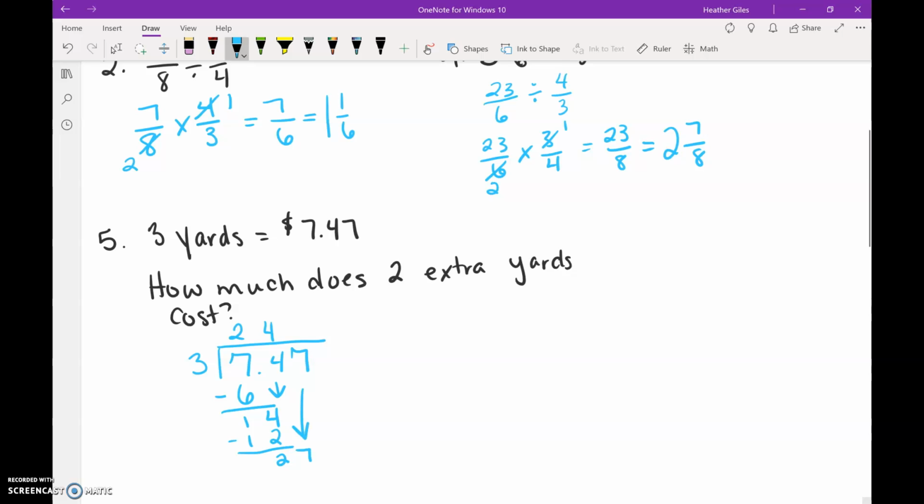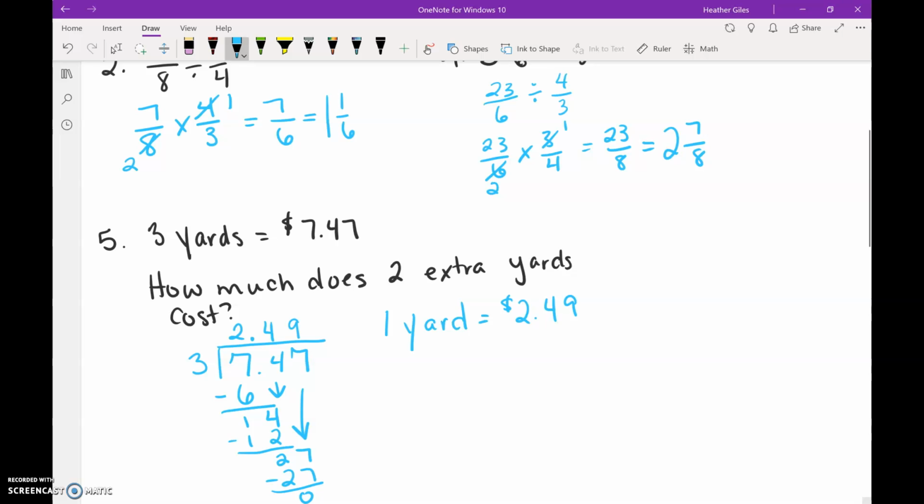I bring down my 7. 3 goes into 27 9 times. 3 times 9, 27. When I subtract, I get 0. I need to add my decimal. So we now know that 1 yard equals $2.49.